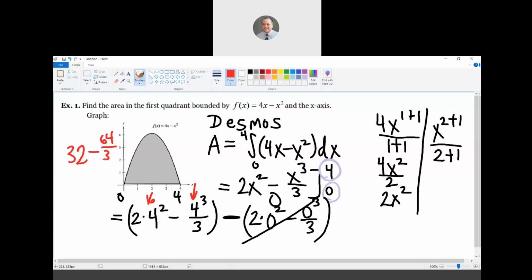So 32 can be rewritten as 96 over 3 minus 64 over 3. So our area under the curve is exactly 32 over 3 square units. Again, with this particular method, versus the Riemann sum, you get a more accurate or exact answer.